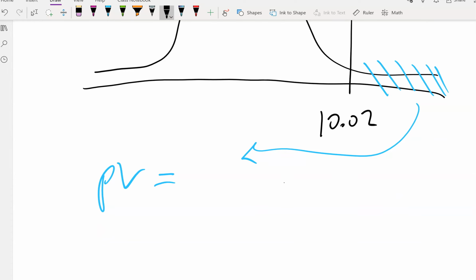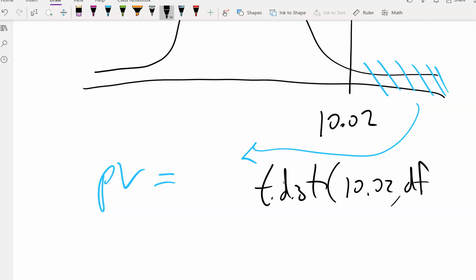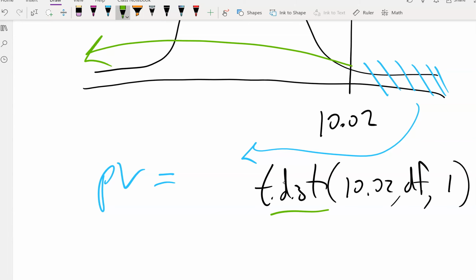How do I find that area? Well, I've got to understand the t-distribution very well. To find that area, I would use T.DIST of that number, comma degrees of freedom, because you've got to pick the right curve, comma 1, to ensure that we always do the integral. That will find the area below. Please understand, T.DIST, I don't know how many times I've got to preach it, but T.DIST finds the area below.